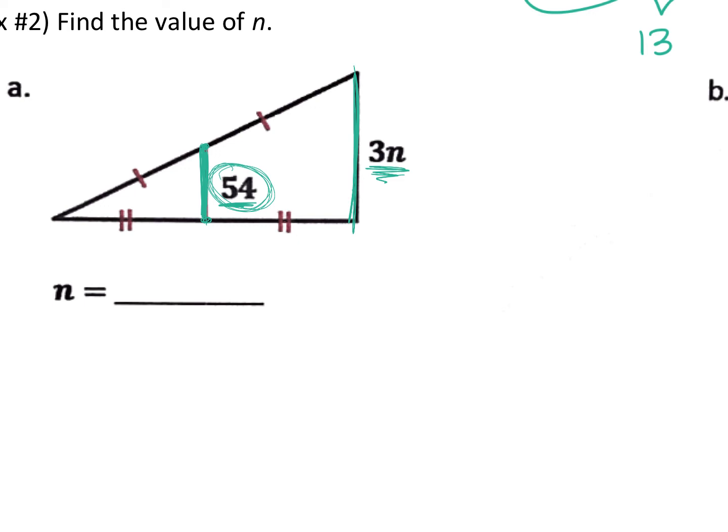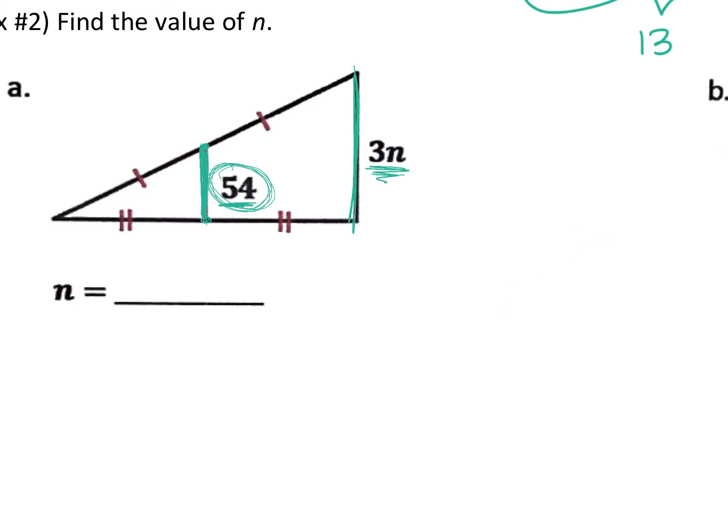What's your other option? What could you have done instead of doubling 54? Cut the 3N in half, right? So you can either cut the longer one in half or you can double the shorter one. You cannot cut the shorter one in half and you cannot double the longer one. It won't work, right?